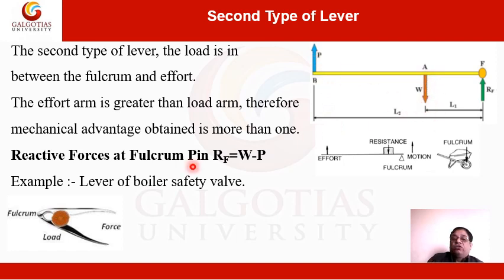So the reaction force applied at the fulcrum pin is W minus P. Load is more, effort is less. W is greater than P. You can see the example of the second class lever, as you have seen in the video also: the nutcracker. And an engineering application is the lever of a boiler safety valve.